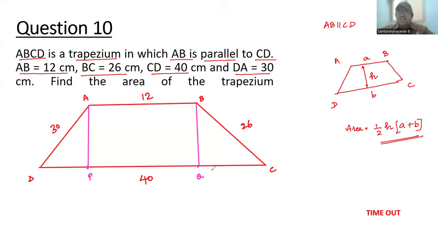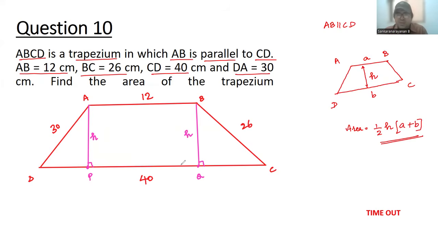So can you now consider AP, BQ, they will be equal in measurement because I'm dropping it perpendicular here. I'm dropping it as a perpendicular from A. I'm dropping it as a perpendicular from B to that CD. So AP and BQ, what you see there, can I not call it as the height there, H? Yes or no? So that helps me to find out PQ.